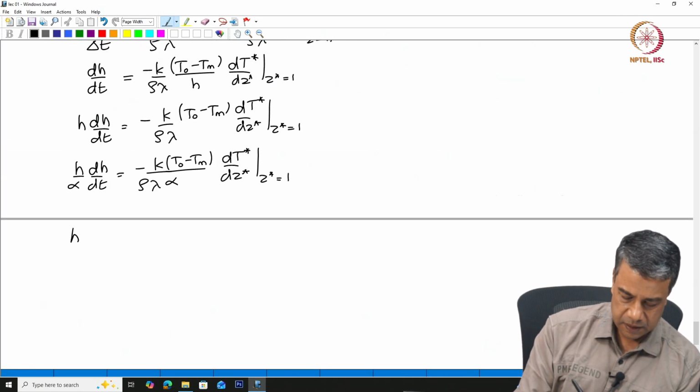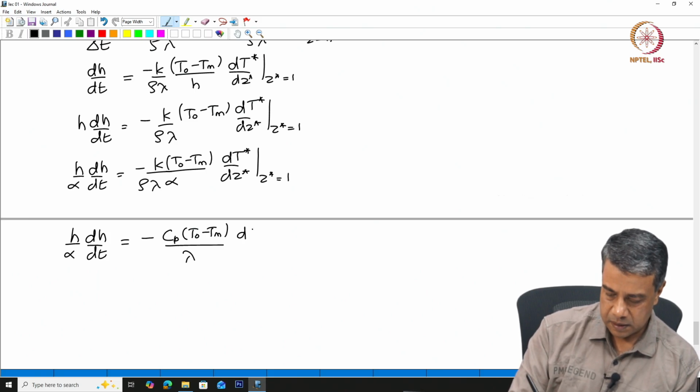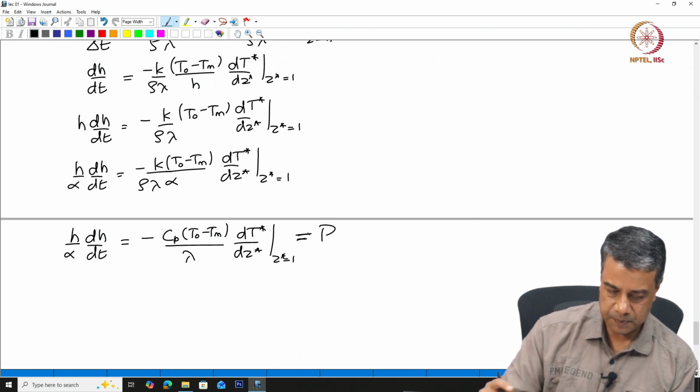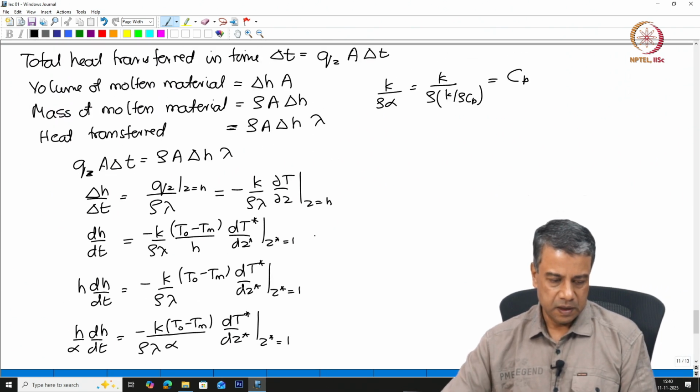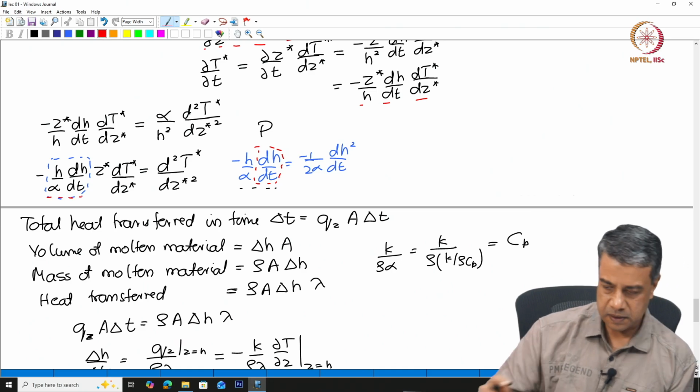Therefore, I get h by alpha dh by dt is equal to minus Cp into (T naught minus Tm) by lambda dT star by dz star at z star equal to 1. This is the same as the parameter p that I had earlier, which I said has to be a constant.